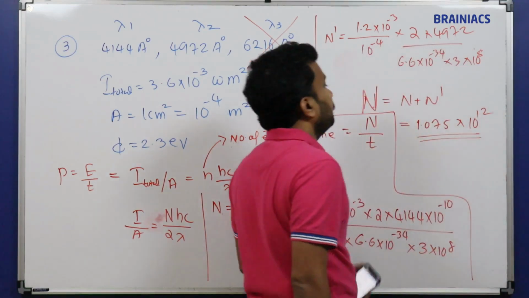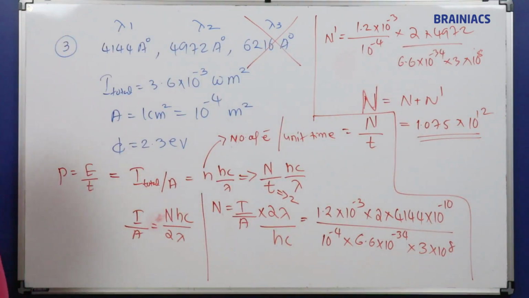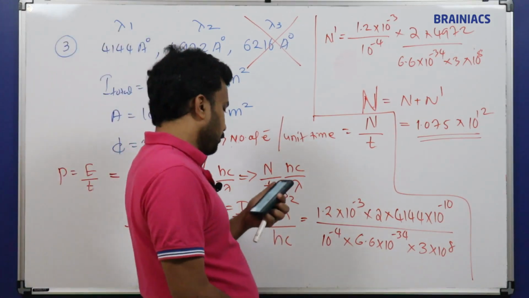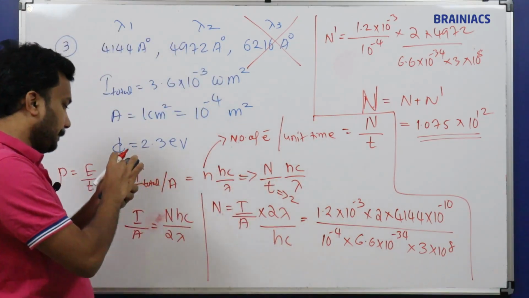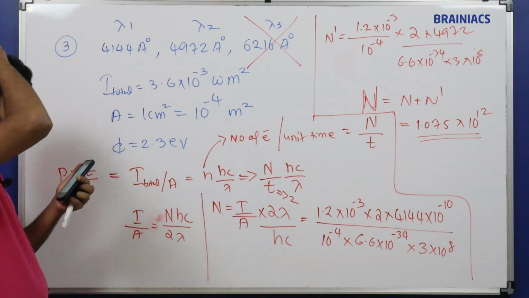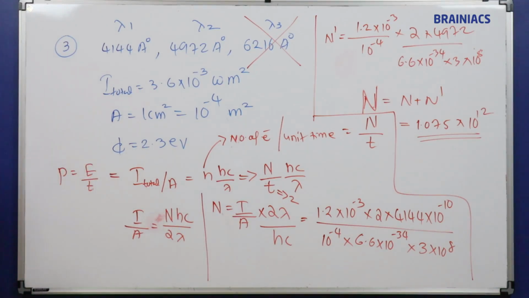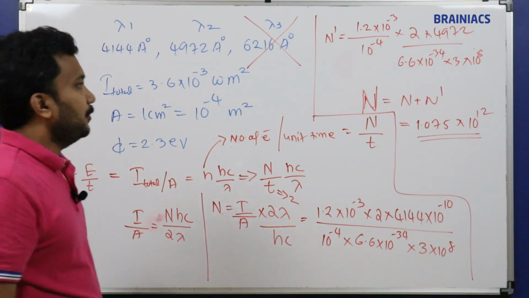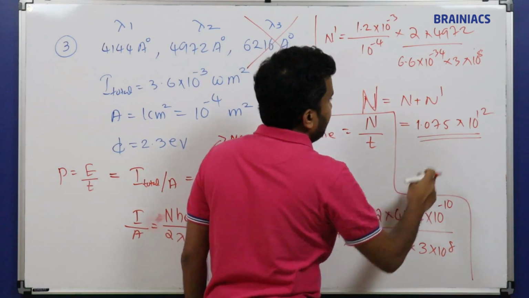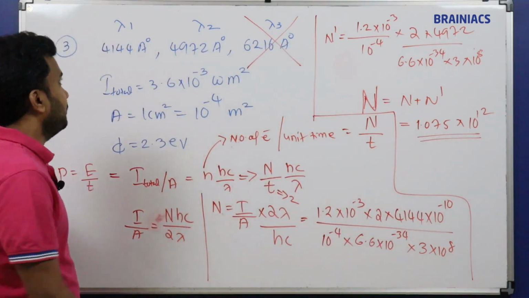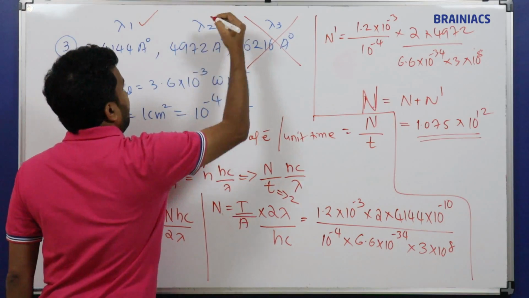Just try once again. 1.075 into 10 power 12. Fine, so we got the value 1.075 into 10 power 12 as the total number of electrons emitted by lambda 1 and lambda 2 together.